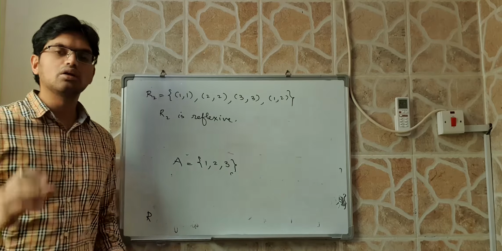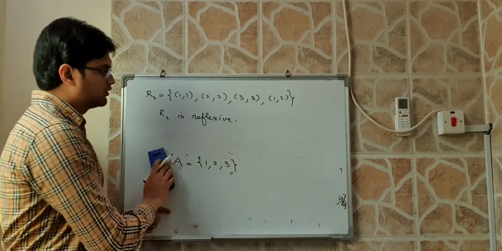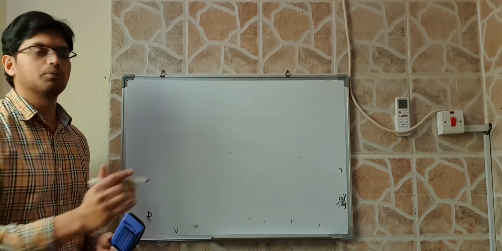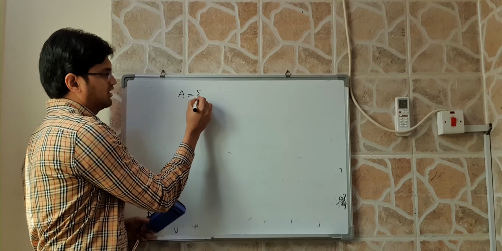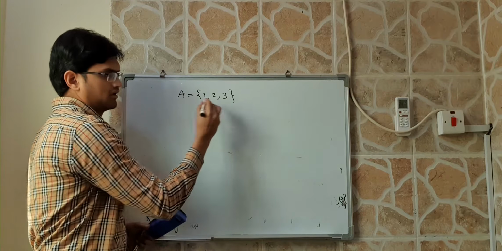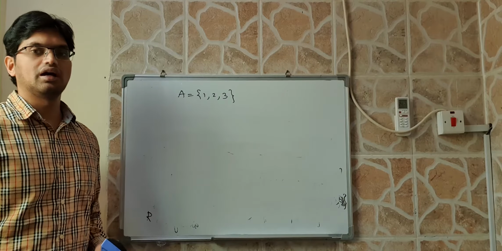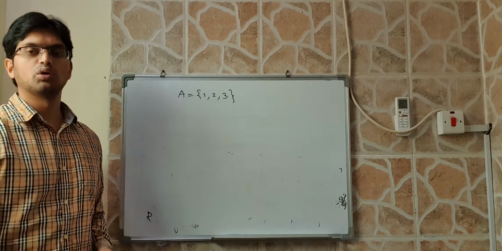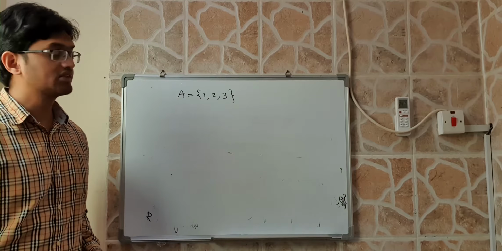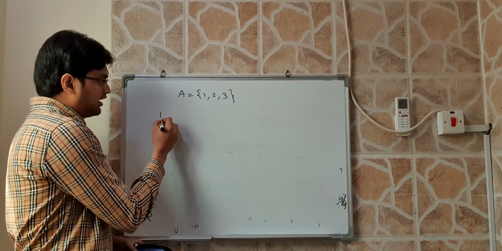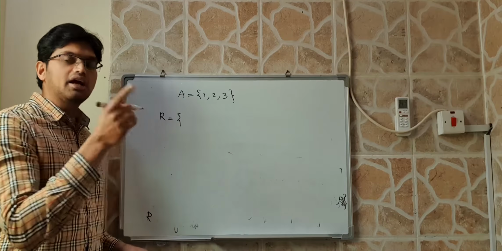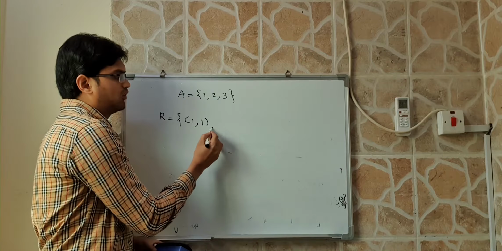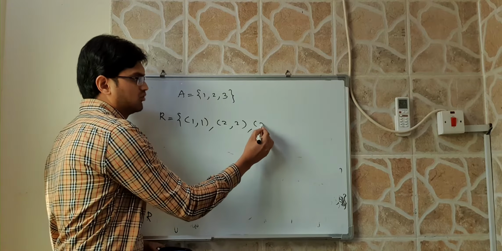So what do you conclude from this? Suppose there is a set A, which I have taken as {1, 2, 3}. For a reflexive relation, I'll just focus on the set A. In short, when you do the problems, I'll focus on A, and in my relation I definitely must have all these ordered pairs (1,1), (2,2), (3,3).